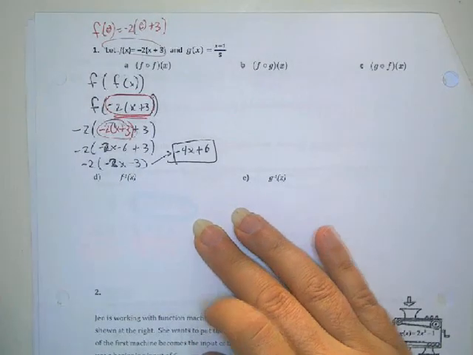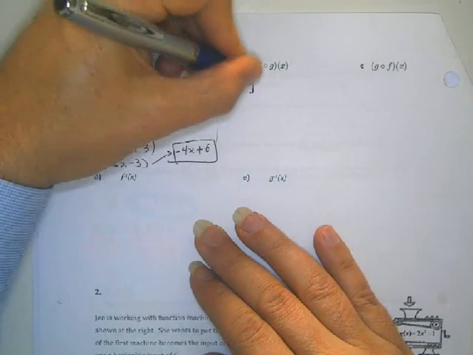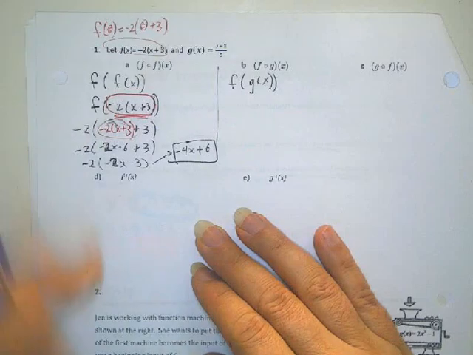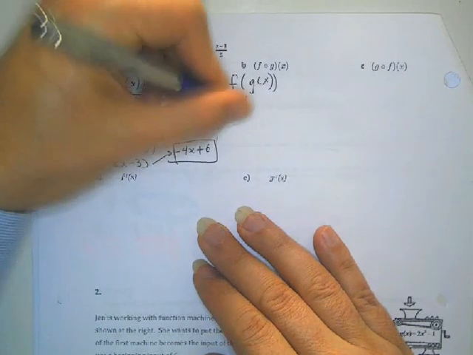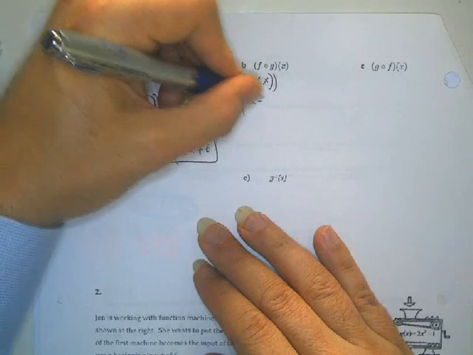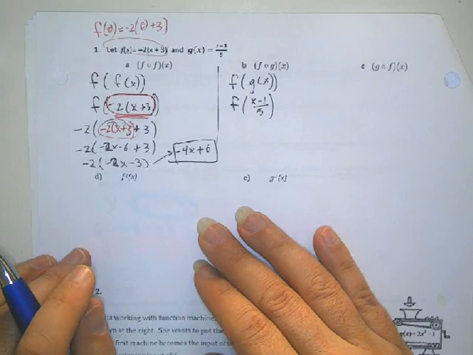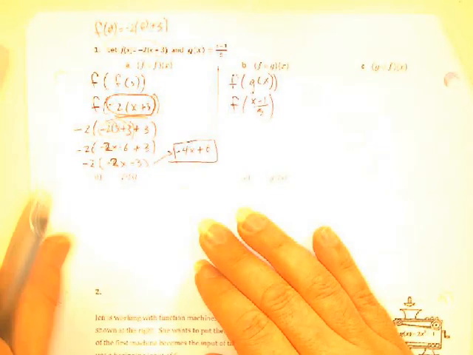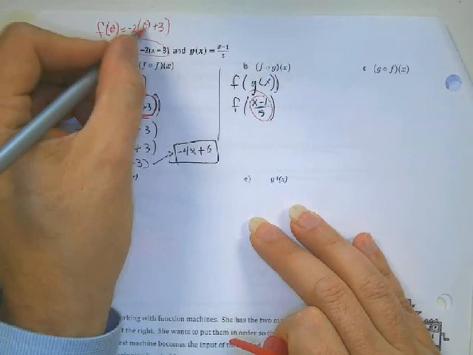Okay. Here we have f of g of x. So f of, and g is x minus 1 over 5. Right? So now I'm going to plug in this value here in place of happy face.